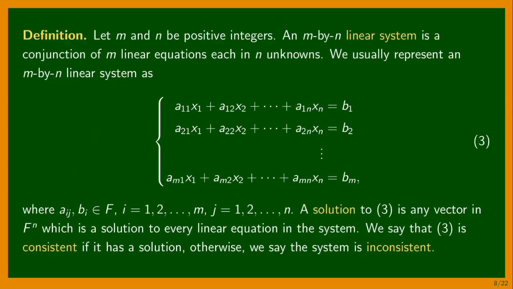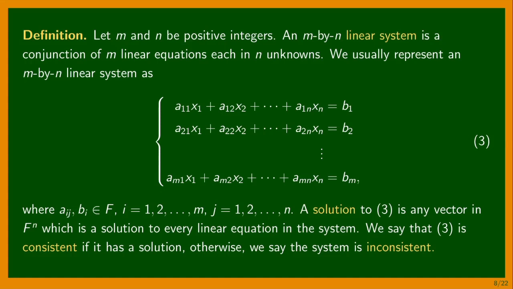Having defined a linear equation, we can now define what we mean by an m by n linear system. So first, we select two positive integers, m and n. An m by n linear system is just a conjunction of m linear equations, each in n unknowns. Again, what do we mean by a conjunction?